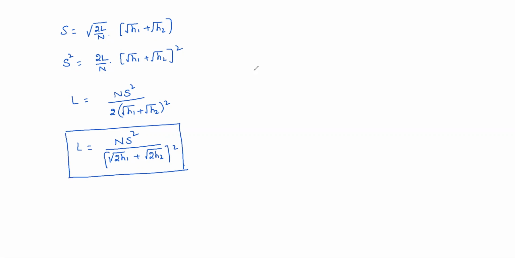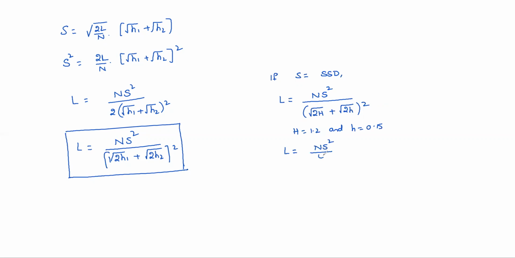Okay. Here, if S equal to SSD, then L equal to nS square by root 2h plus root 2h whole square. If H equal to 1.2 and small h equal to 0.15, then L equal to nS square by, you can substitute here, you will get 4.4.